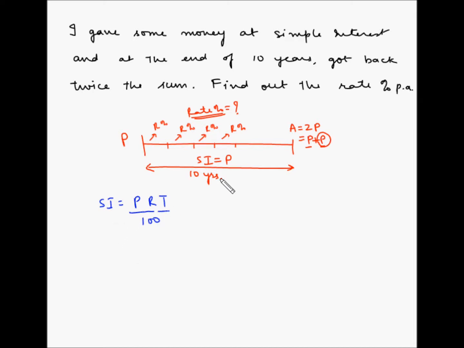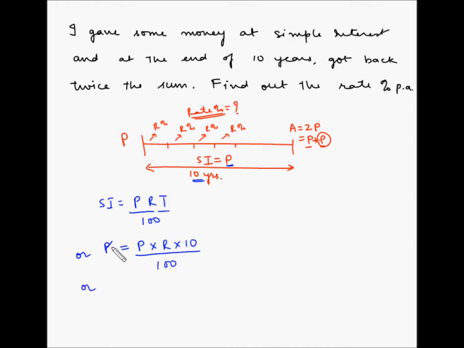Now the simple interest is equal to the principal, so P is equal to P multiplied by R, which is to be found out, multiplied by T, which is 10 years, divided by 100.